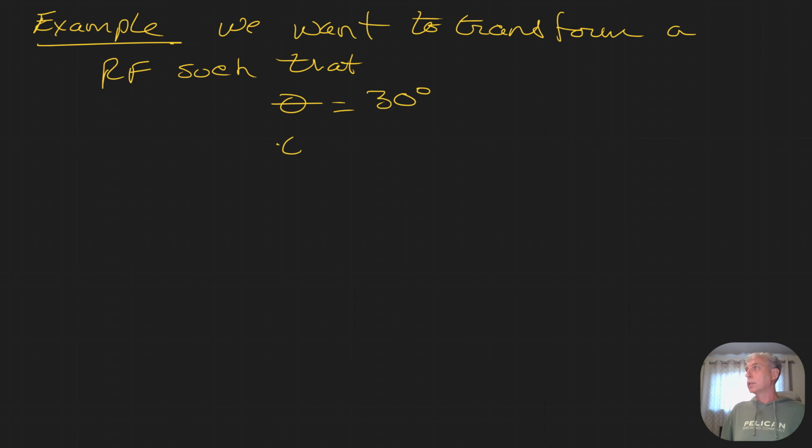We're given our t prime x, just to simplify matters, as negative 50 meters. And our t prime y equals 50 meters.